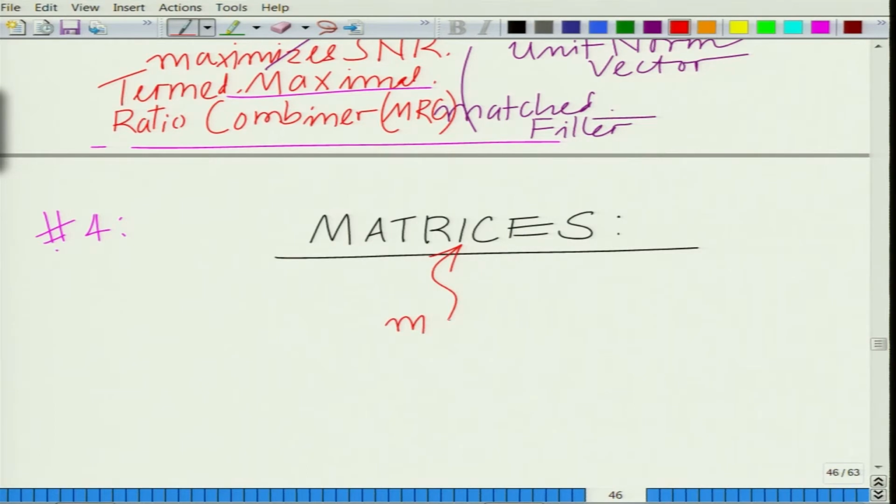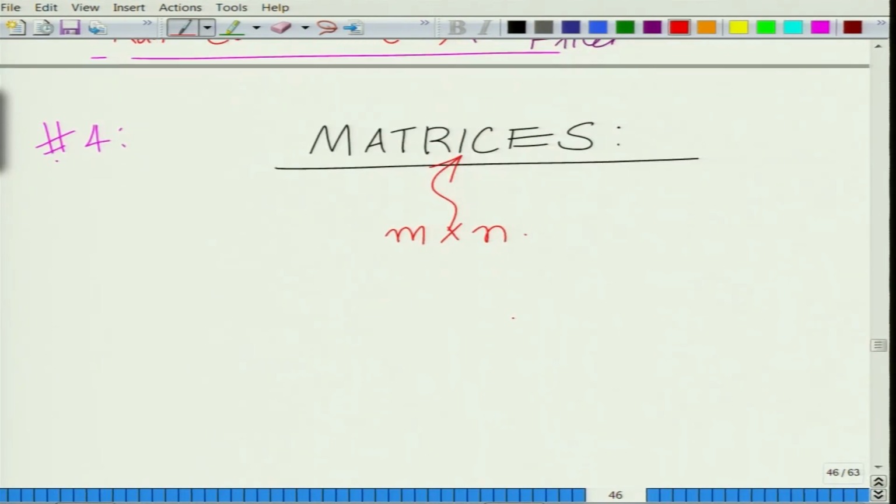Alright, so an M cross N matrix is simply an M cross N array of scalars. Of course, if n equal to 1, then it becomes a vector. But for a general M cross N array, it becomes a matrix, right.